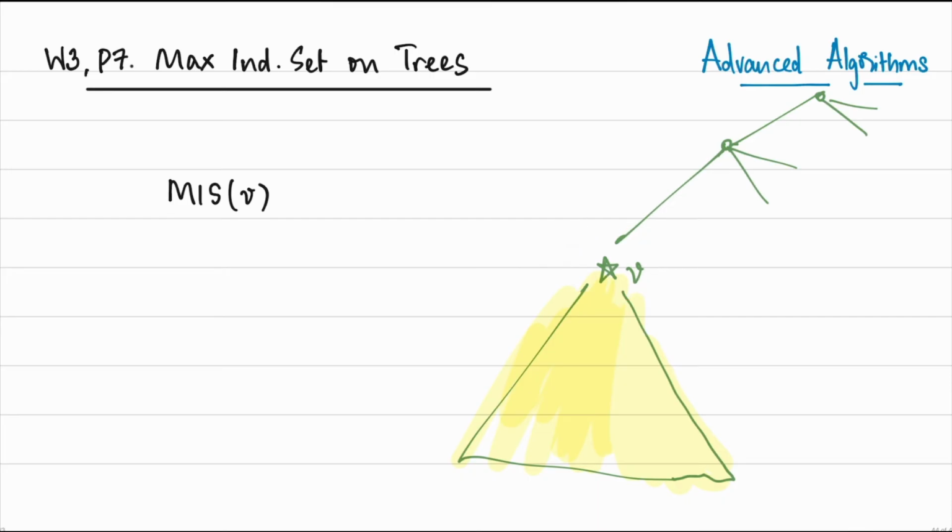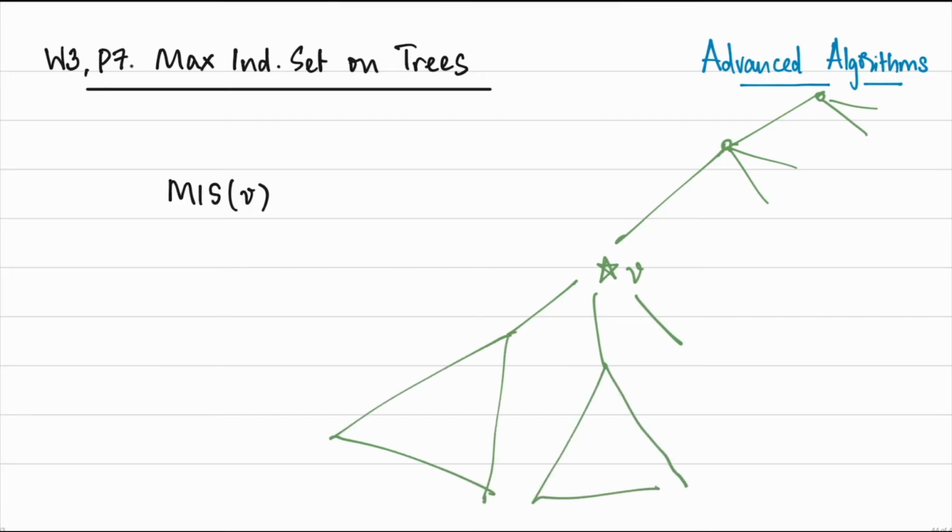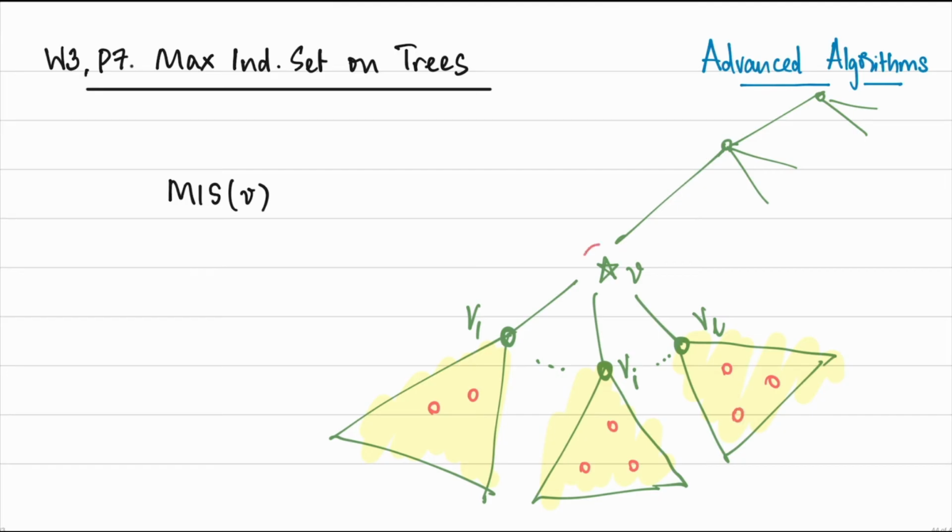So if every optimal solution chooses to ignore the vertex V, then essentially what's happening is you can think of your party as being the union of all the parties that come from all the subtrees that are rooted at the children of V. So let's say the children of V are V1 and so on up to some VL, and I basically look at the best parties that I can form in these subtrees and I just put them together, and that's going to be a valid party, a valid optimal choice under the assumption that V is not being invited.